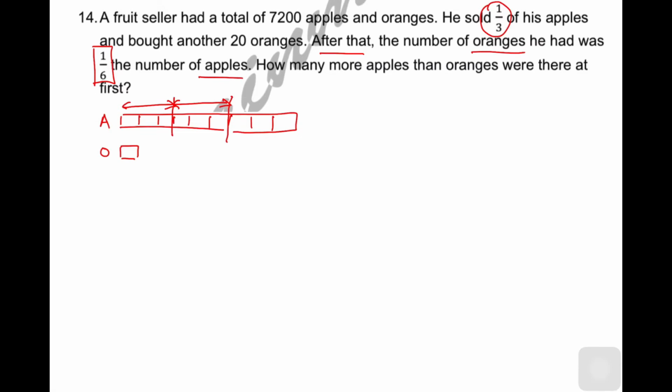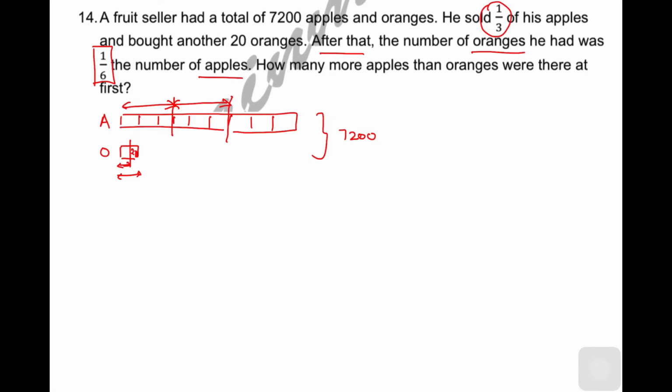He bought another 20 oranges, which means there's a 20 here, which is not needed at first, which is not calculated inside. So the 9 units of apples plus the oranges amounts to 7,200. Because this is 1 unit without the 20, it's harder to count.